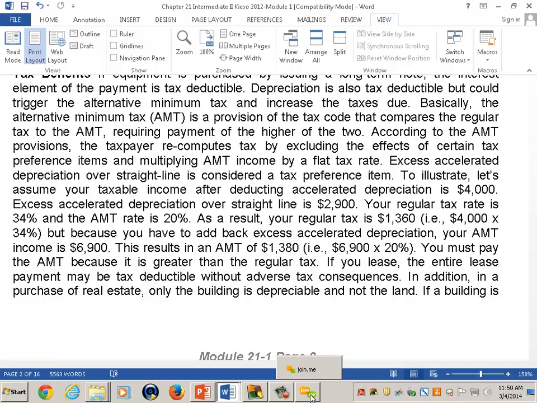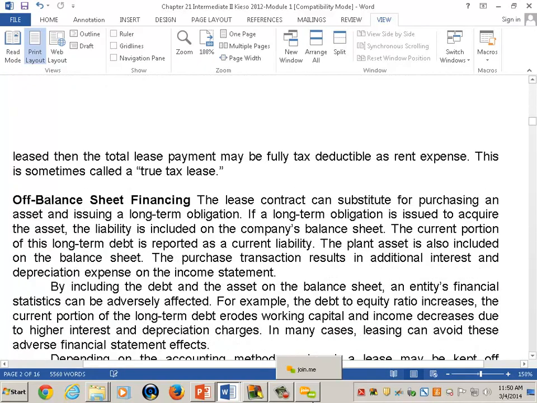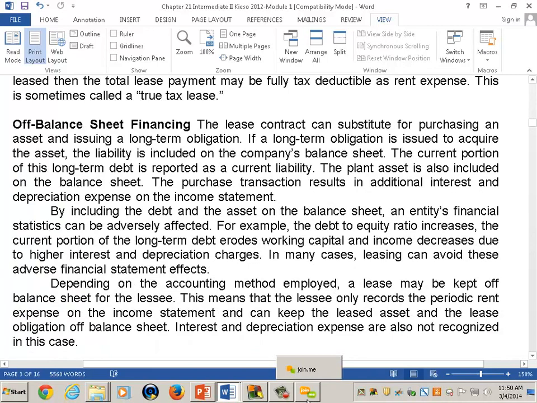There's one more advantage. And that advantage is the one that we're going to focus on mostly, and that is this idea of off-balance sheet financing.